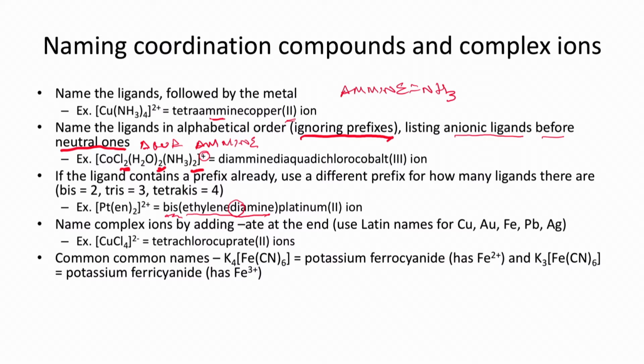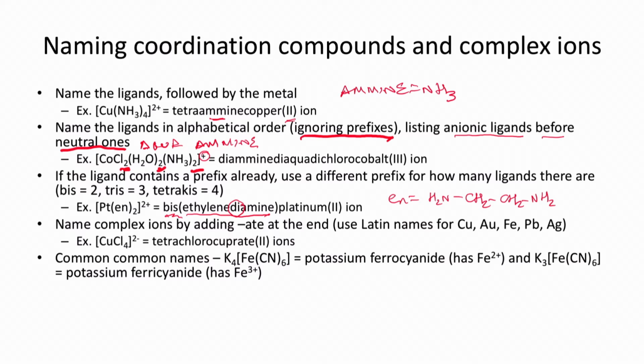So this is going to be bis(ethylene diamine)platinum(II) ion. Right? En is my abbreviation for ethylene diamine, which basically has 2 amino groups separated from each other by 2 carbons.